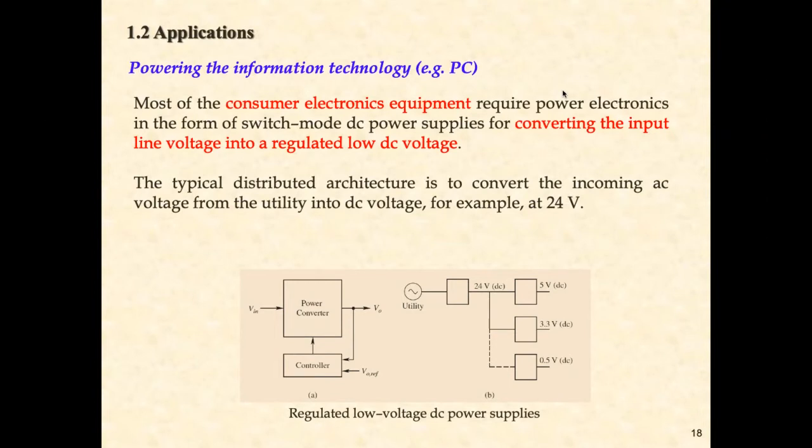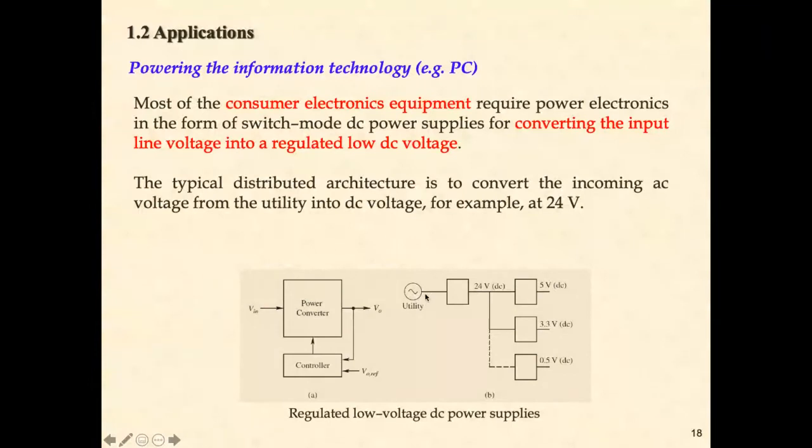For example, from this schematic diagram, one component may require 5 volt, while another requires 0.5 volt. But your source is from the utility, so that should be AC, although the frequency is very low, 50 to 60 hertz. No matter how, it is an AC source.